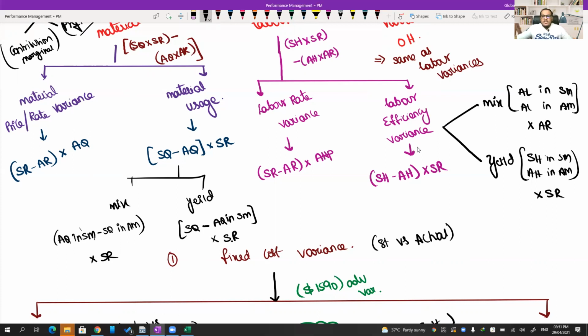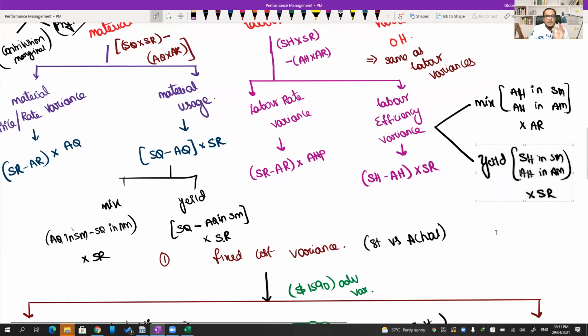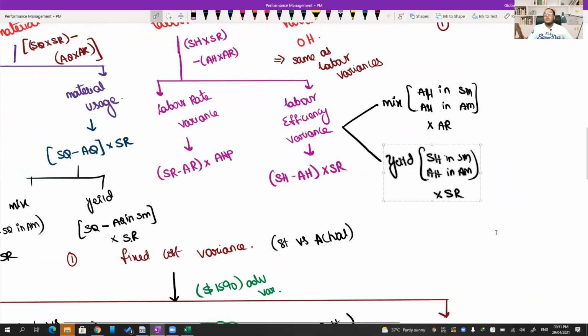So mixture. By changing the labor mix, how much am I gaining or losing? That is calculated as the difference between the actual hours in standard mix and actual mix. What is the difference between that? To know whether the skilled labor, unskilled labor, and semi-skilled labor, the levels of the labor, are efficient or not, whether they are productive or not, I should not consider the mix composition changes.